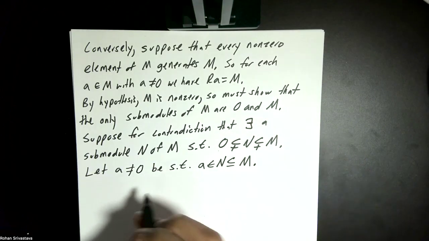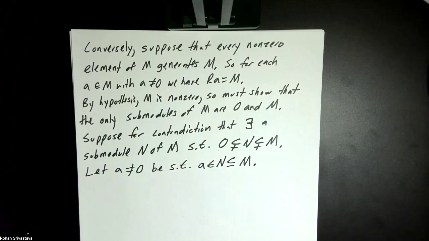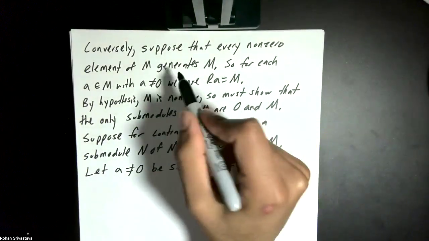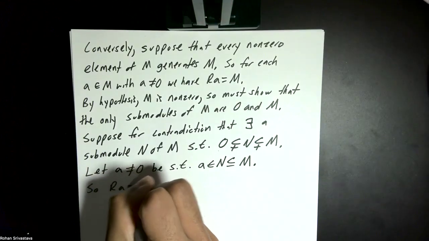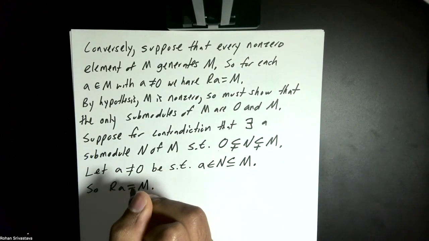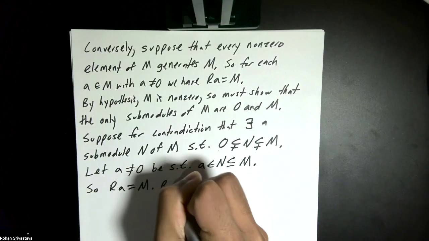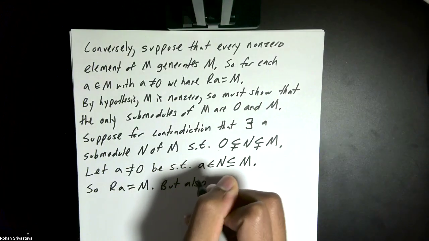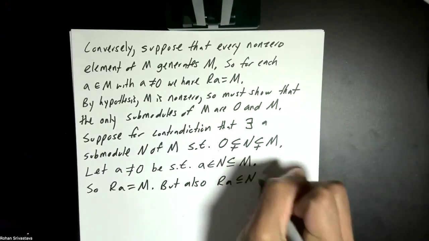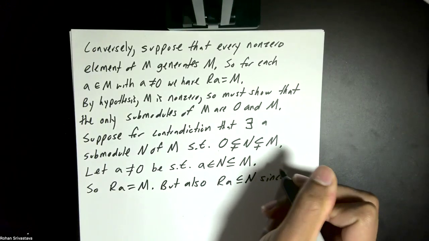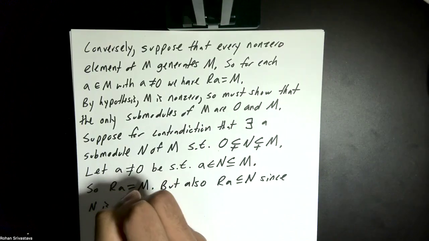Okay, well, since A is a non-zero element of M, remember, we're supposing that every non-zero element of M generates M. So RA equals M. But also RA is a subset of N since N is a submodule.